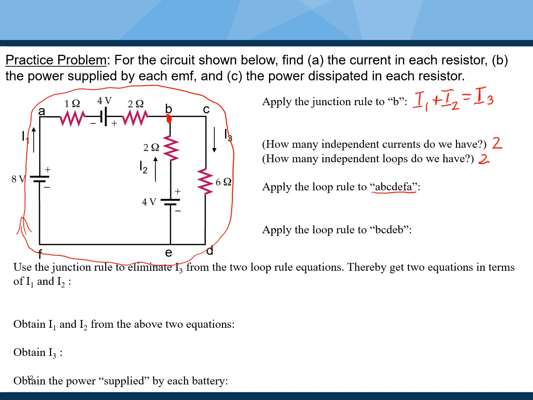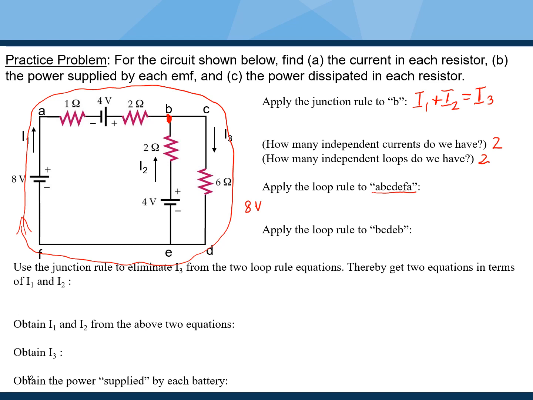So let's nevertheless write the sum of all the voltage changes. If we go from F to A, we have a voltage rise of 8 volts. So we write 8 volts rise. Then we go through the 1 ohm resistor on the left top, and there's a current of I1 going through it.